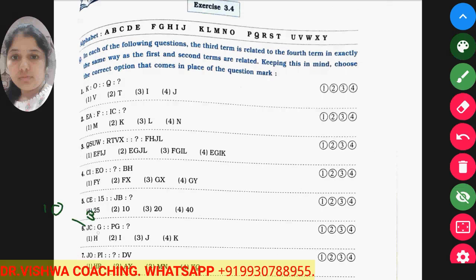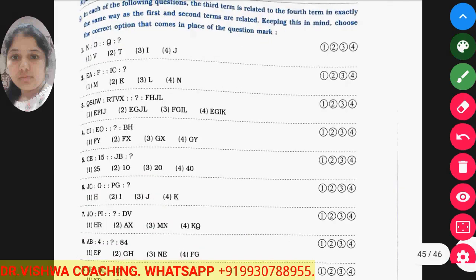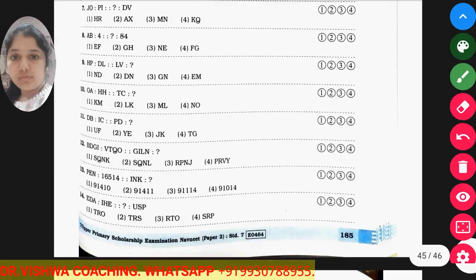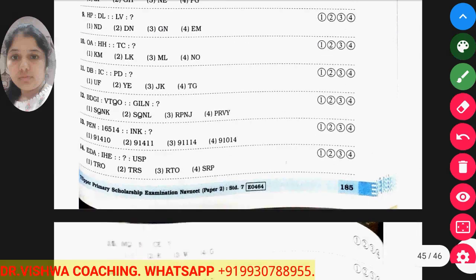C is at the 3rd position and G is at the 7th position. So they subtracted the 3rd position from the 10th position. Again, you find the position for P, find the position for G and subtract. You will get the number as the answer. Now we'll skip some of them so that you can try it at home and move ahead.